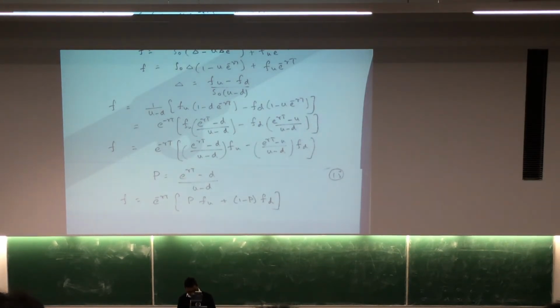If that is the case, you can always find the value of the option as something like this, where FU represents the upward value of the option, FD is the downward value. Upward value means the stock price is going up, the value of the option is FU. FD is the value of the option when the stock price is going down.